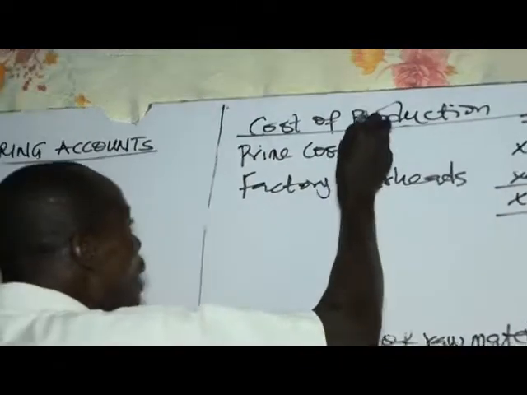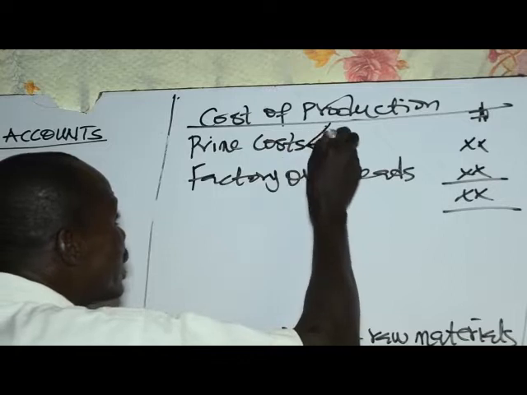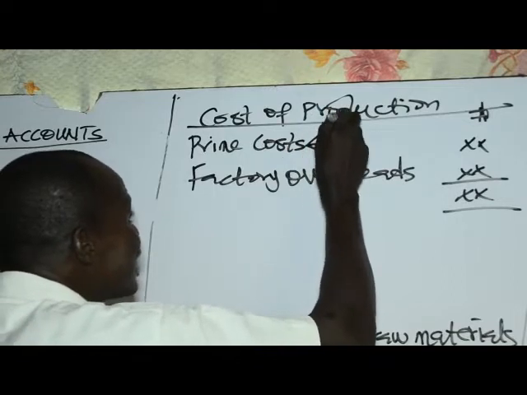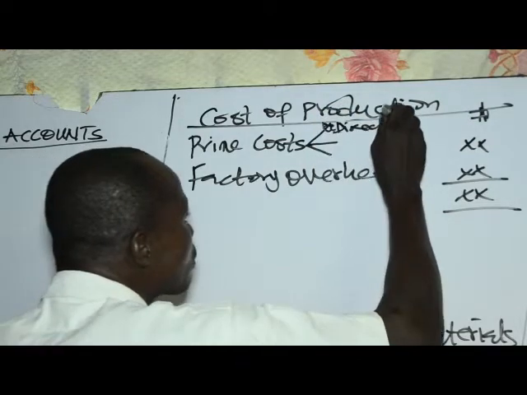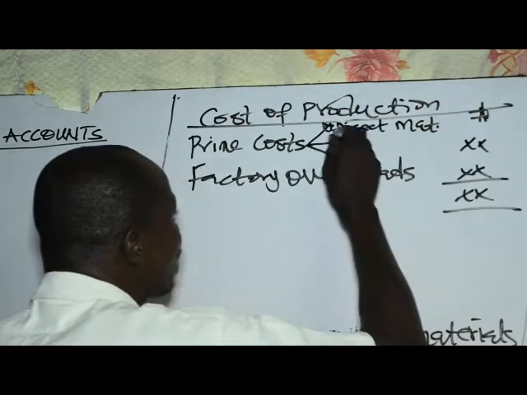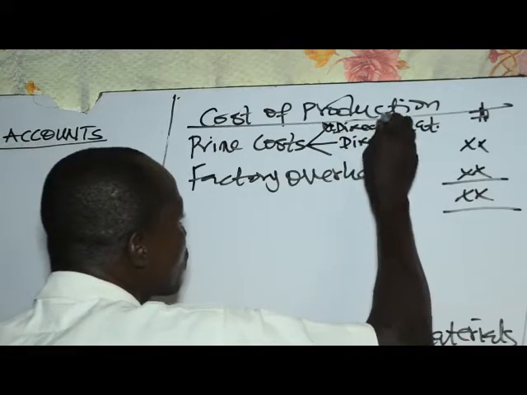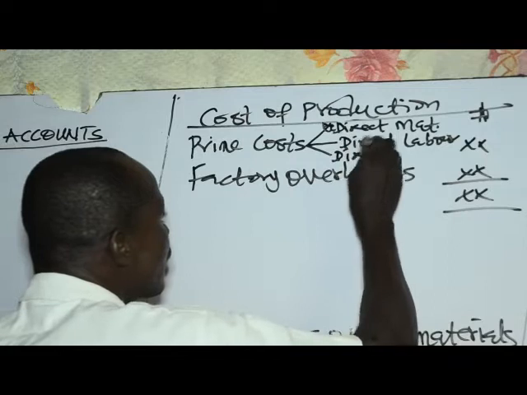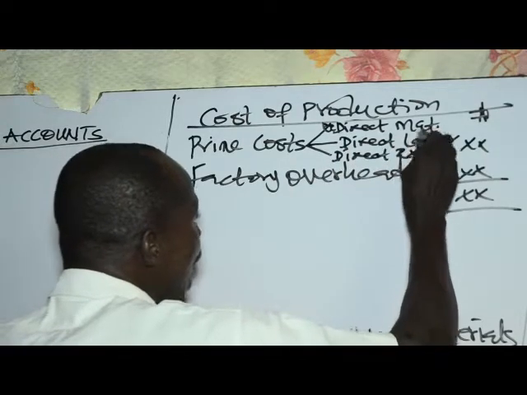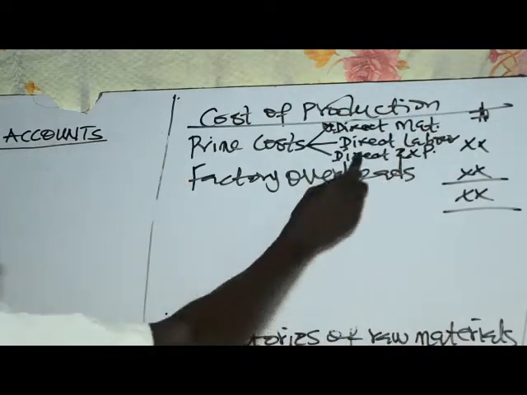And I'm telling you that this prime cost is divided into three. Number one, we have direct materials. Number two, we have direct labor. And number three, we have direct expenses.